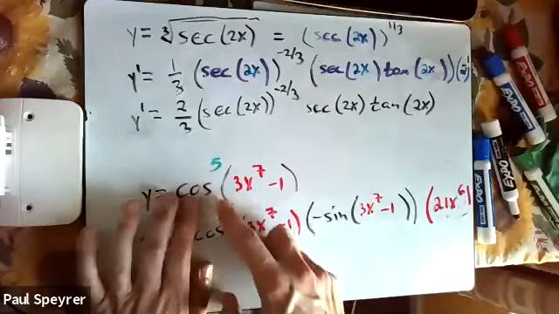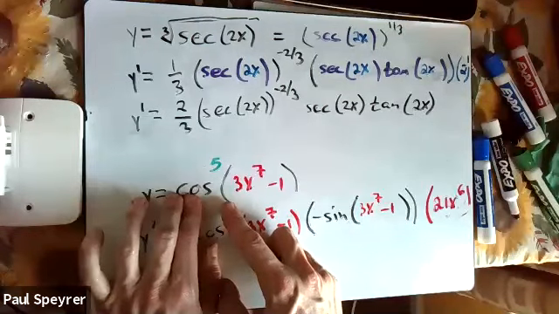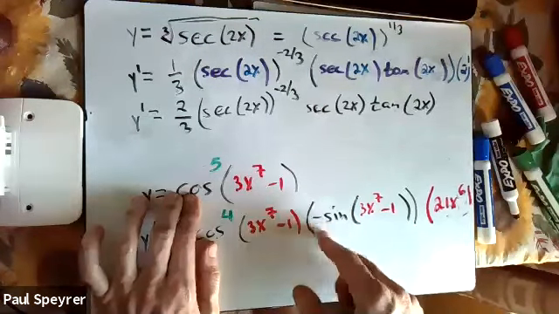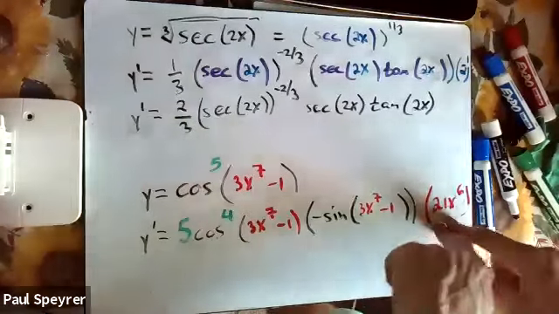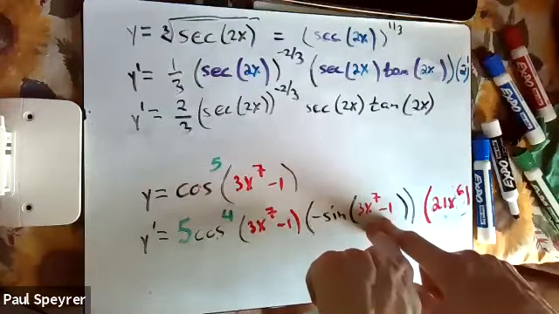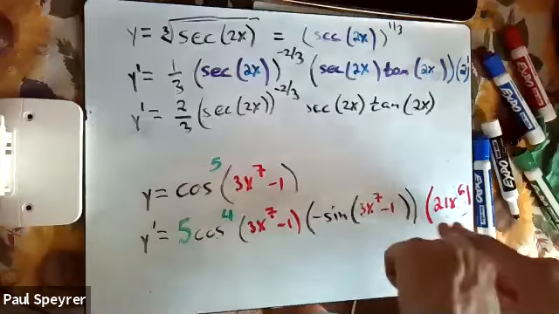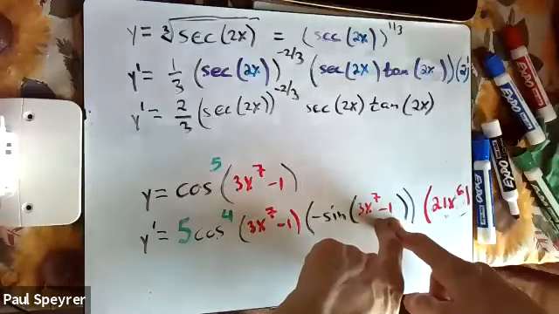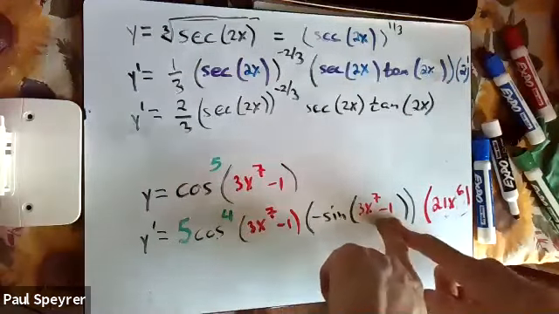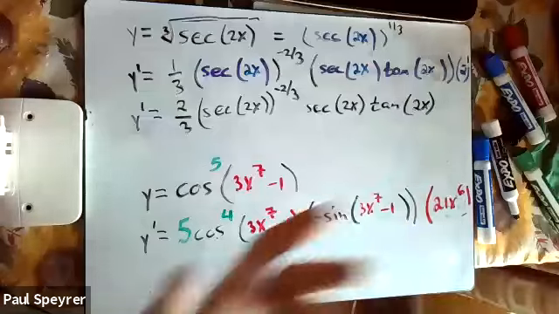We already dealt with that derivative right there. So now we just derive cosine, which is negative sine. And then everything on the inside still stayed the same. Then we move to the next innermost piece, which was the derivative of this, correct? So that's where we're getting 21x to the 6th. What happened to the derivative of 1? Remember, the derivative of any constant is 0. That's why we don't put anything there.